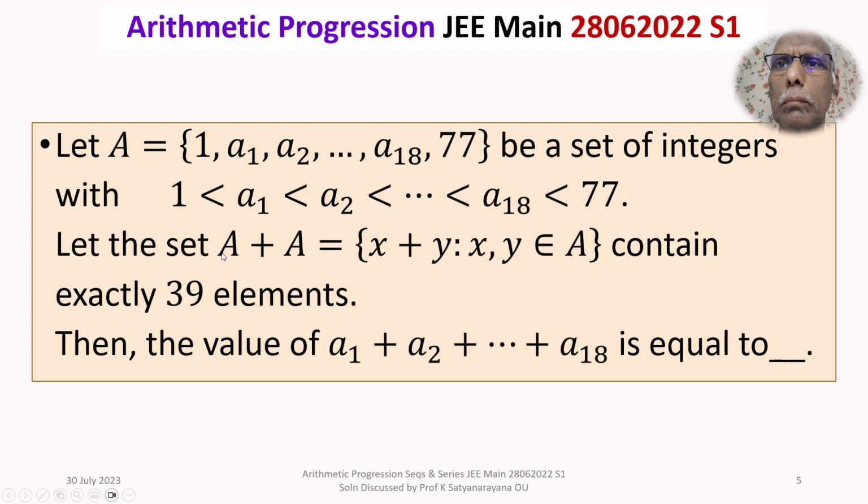It is given that the set A plus A, defined as x plus y, where x belongs to A, y belongs to A, contains exactly 39 elements. We are required to find the value of a1 plus a2 plus etc., plus a18.